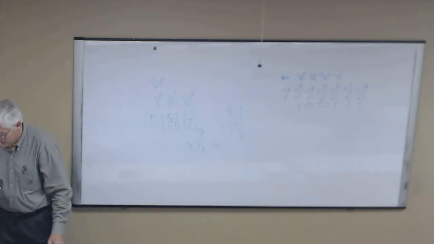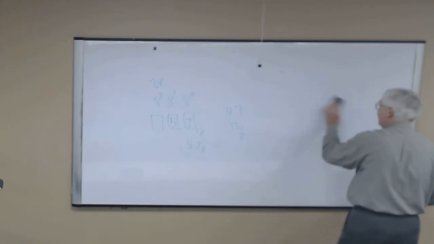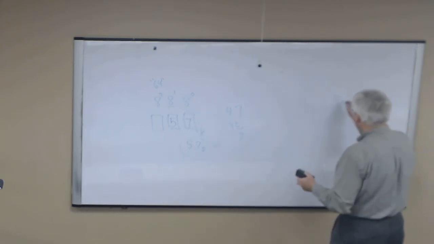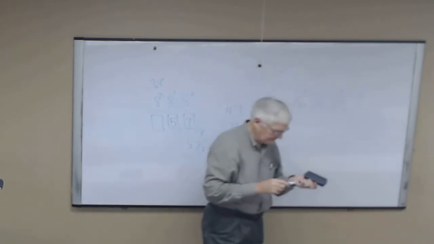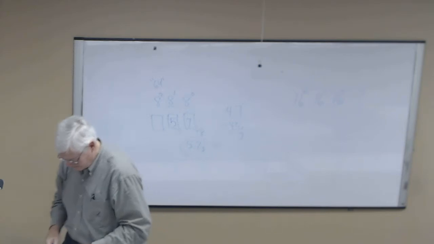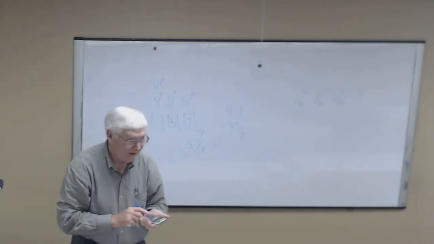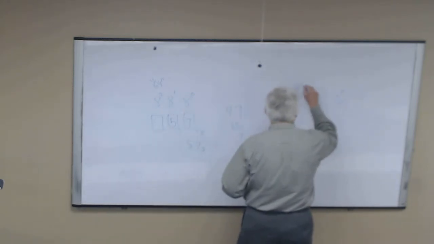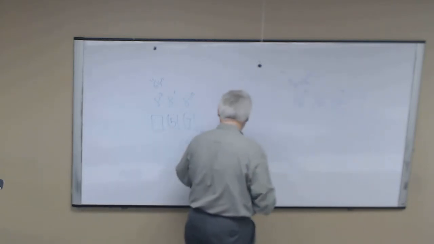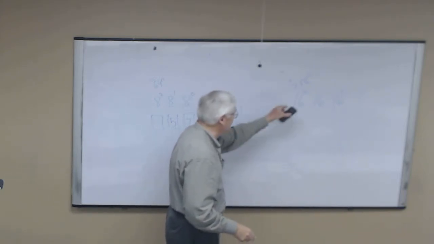So let's do it in base 16. And base 16 would be 16 to the 0, 16 to the 1, 16 squared. What's 16 squared? I need to get my calculator out here for some of this stuff. You going to tell me? 256. 16 squared is 256. I don't have any of those in 47, do I? I don't have any of those in 47.